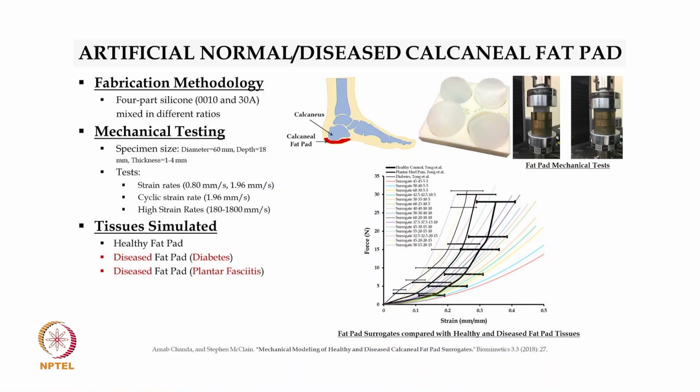So the tissues we had simulated using the different soft tissue simulants developed were the healthy fat pad, the diseased fat pad under diabetes, and the diseased fat pad under plantar fasciitis, right? So on the figure on the top, you can see a very quick schematic of where the calcaneal fat pad is, and some of the samples which we have developed, which are round samples with a certain depth, right?